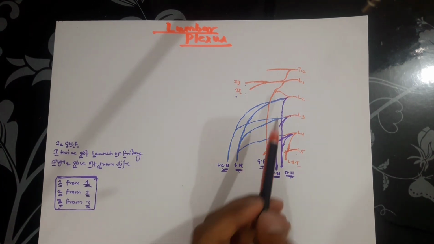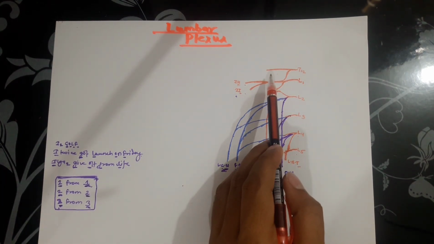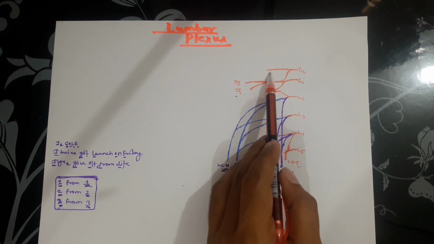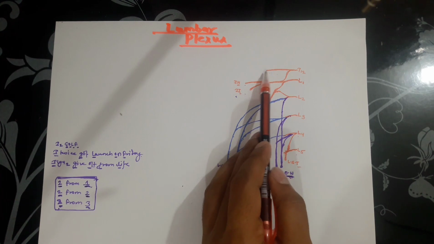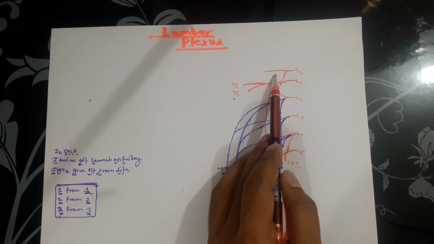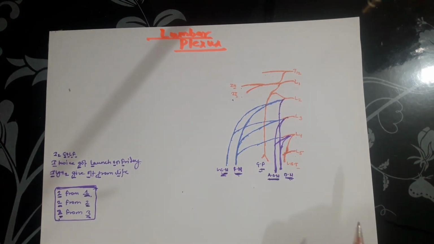And then I also want to mention the supply of the subcostal nerve, which supplies the pyramidalis, transversus abdominis and rectus abdominis muscles.